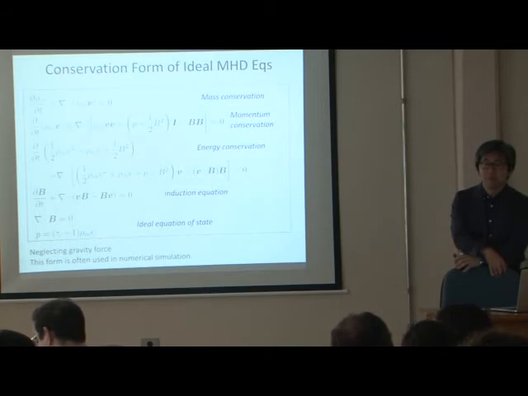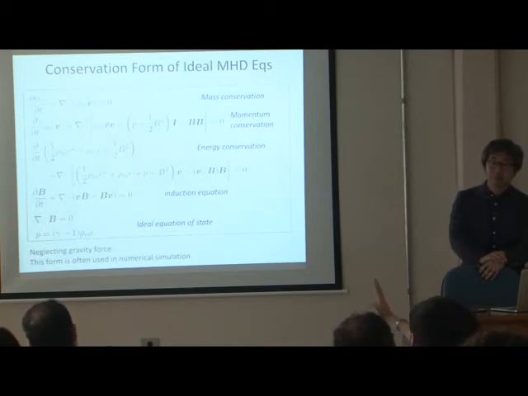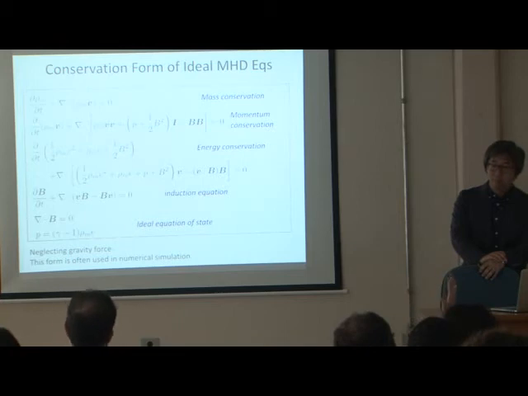So for instance, if we are dealing with resistive or dissipative terms, you have to incorporate new source terms on the right-hand side of this equation. Nowadays there are several problems where you include these ingredients, like external gravity, which will appear on the right-hand side.